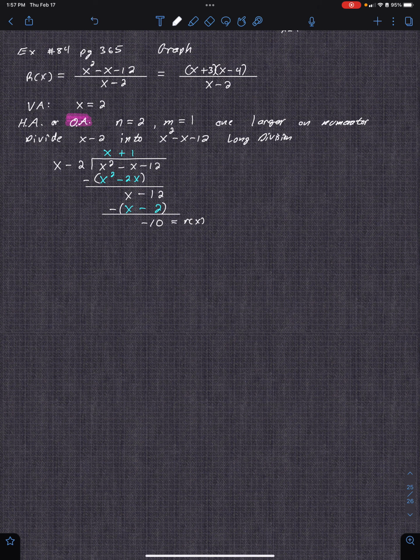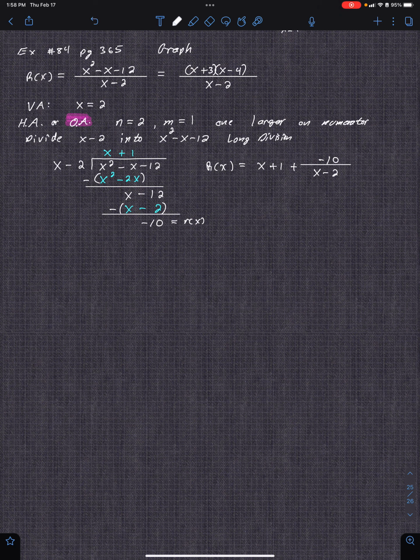And so what we know now because of that is that r of x, the rational function, is equal to the quotient, which is x plus 1, plus the remainder, which is negative 10, divided by x minus 2. So here's the idea. What we're talking about for these cases, for the horizontal or oblique, is for large values of x, when x approaches positive and negative infinity.